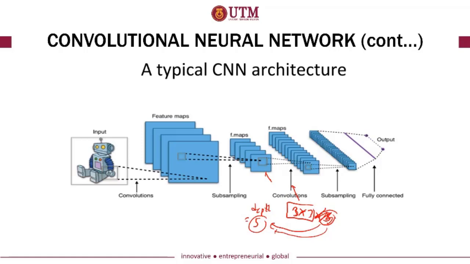So when we write the filter at the convolutional layer here, we just say we have 6 3 times 3 filters. What is the meaning of that?